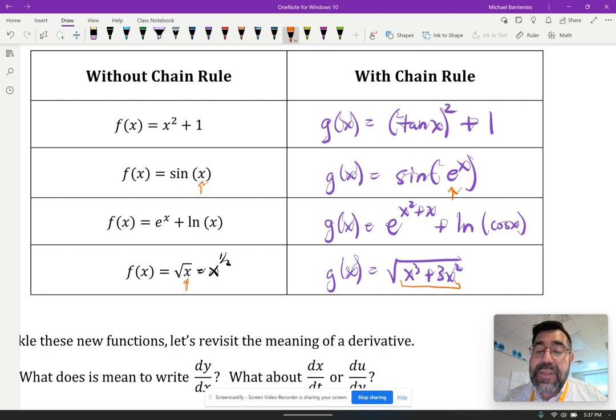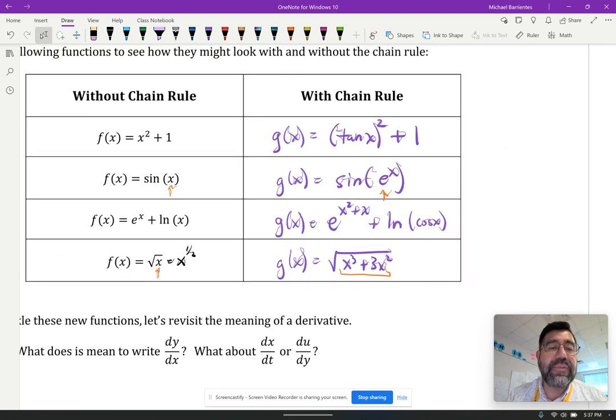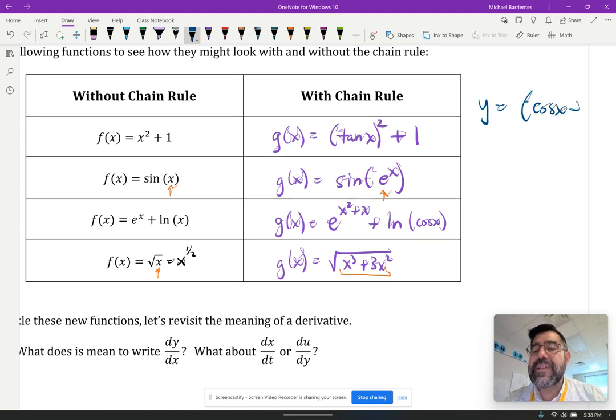And so with all of these examples in purple, we now have composition. And if you remember, composition meant we have an inside-outside relationship to a function. So for example, I could have something that looks like cosine x plus 6 and everything to the fourth power.